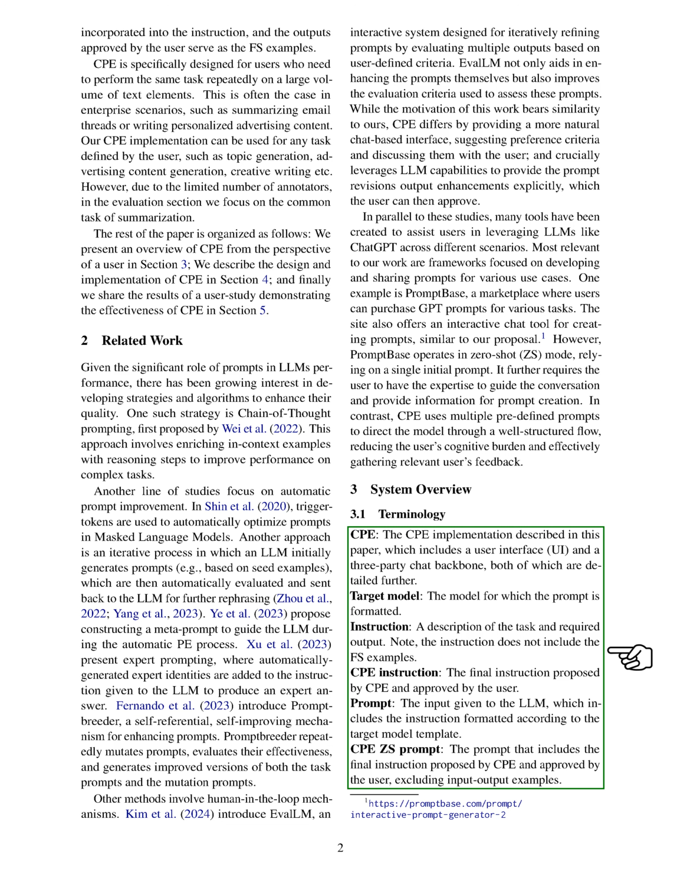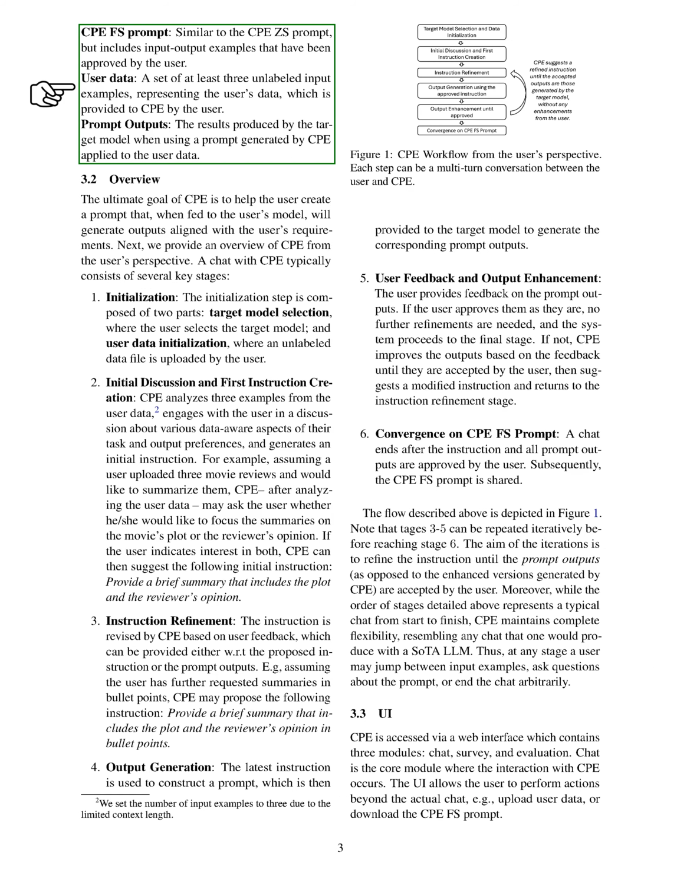The CPE instruction is the final task description approved by the user. A prompt is the input we give to the language model, formatted according to the target model. The CPE-ZS prompt includes the final instruction without examples, while the CPE-FS prompt includes examples that the user has approved.